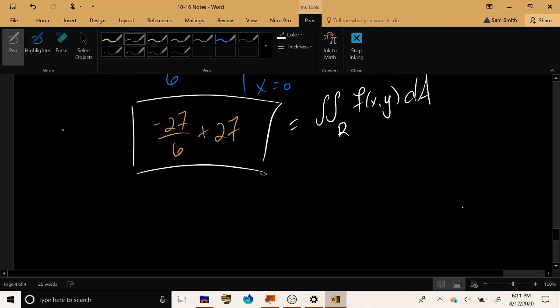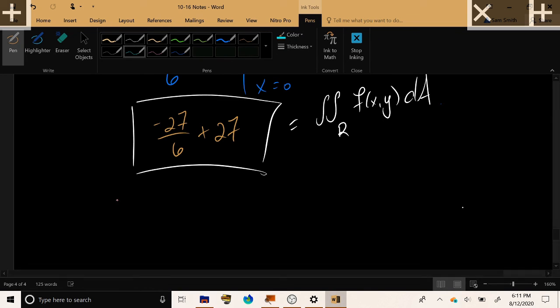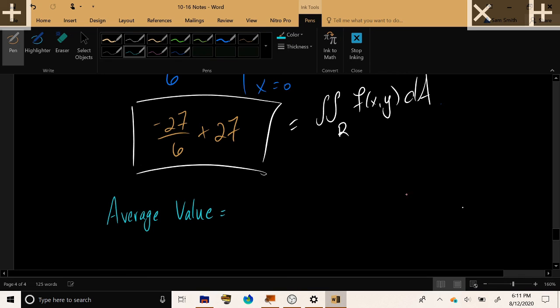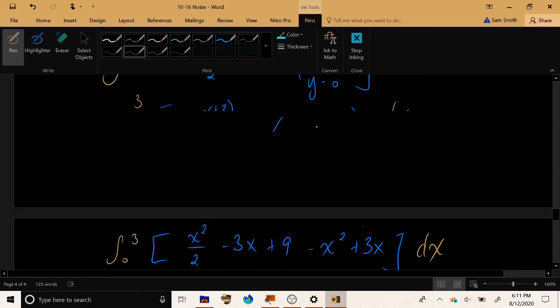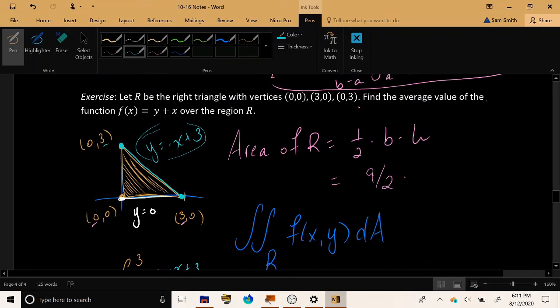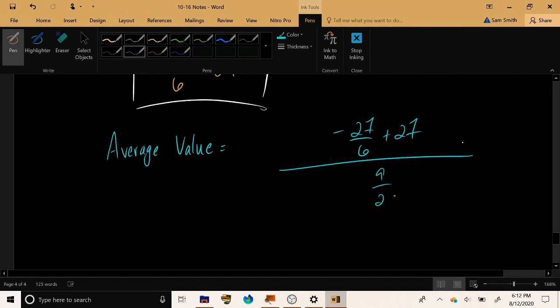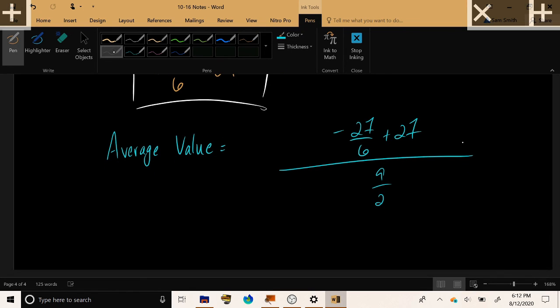We have to be careful and remember that it still remains to take this integral value and divide it by the area of the region, the area of the triangular region R, which was 9 over 2. This number would be the final answer for this question.